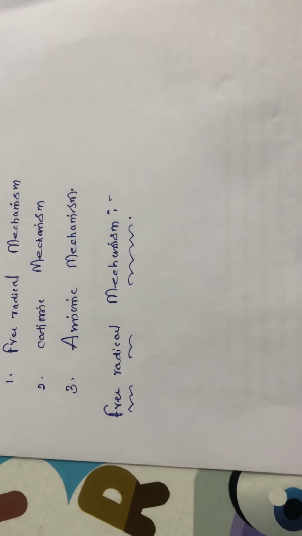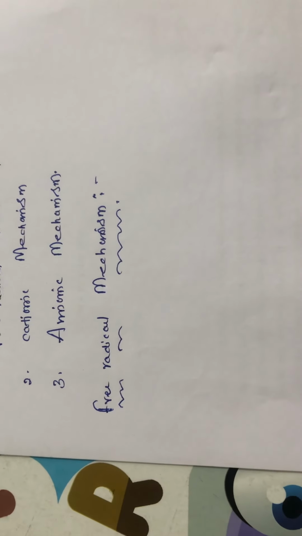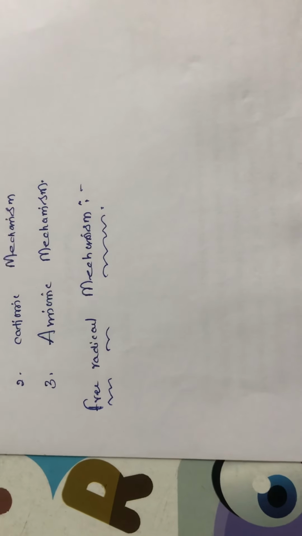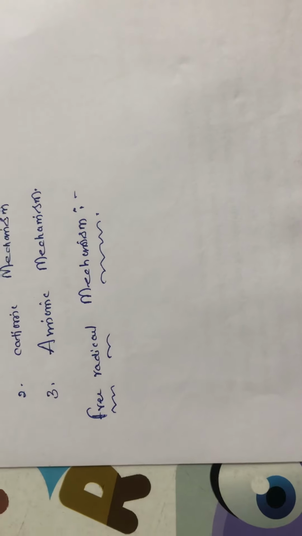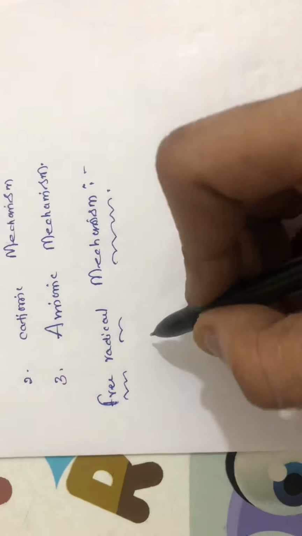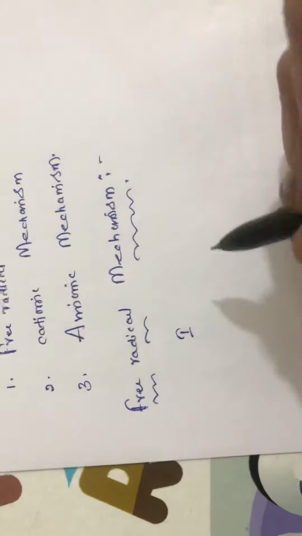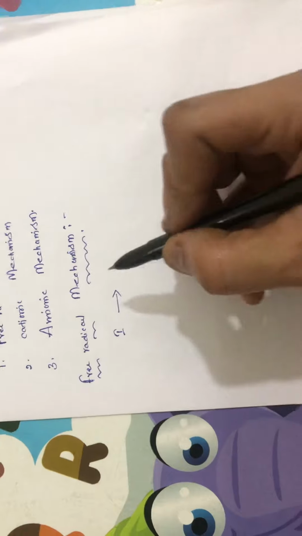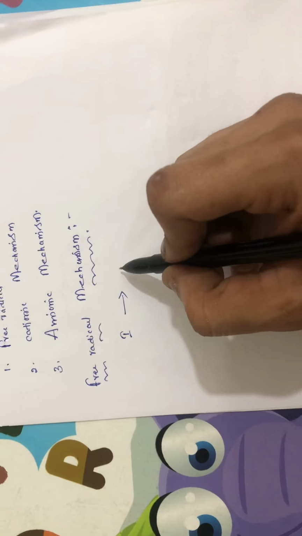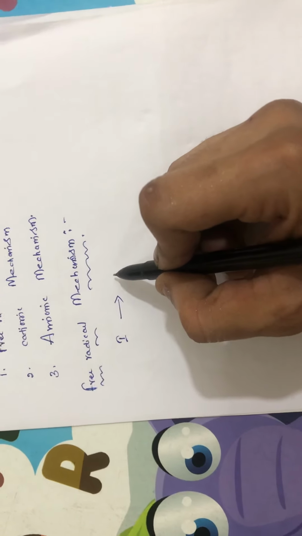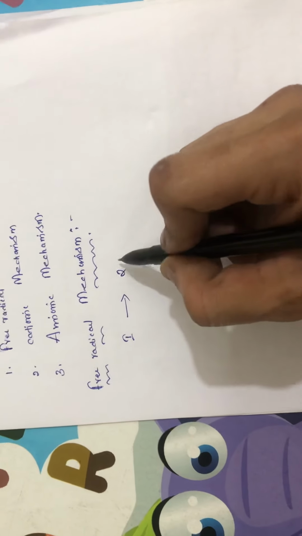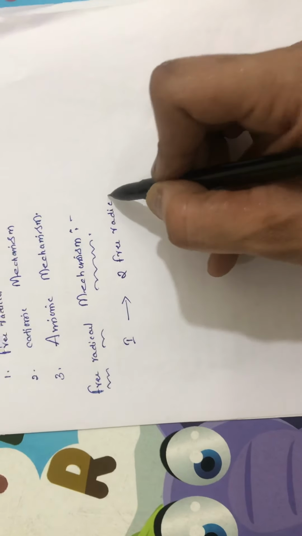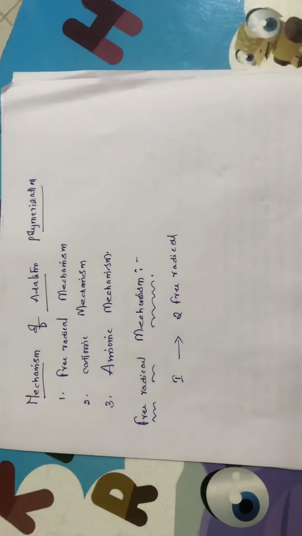addition polymerization means we take a number of monomeric units and add an initiator or catalyst, right? So, now I will take one initiator, which is I. This initiator will dissociate into two free radicals, right?